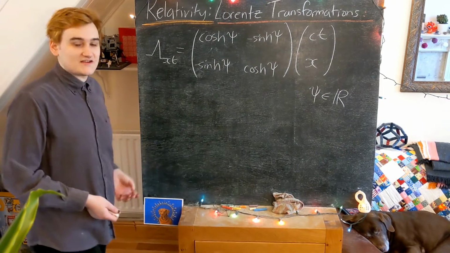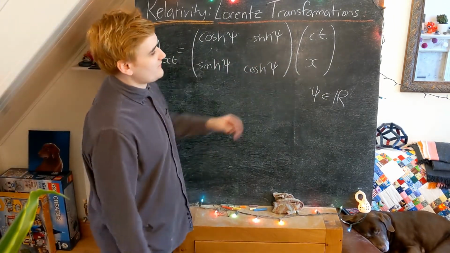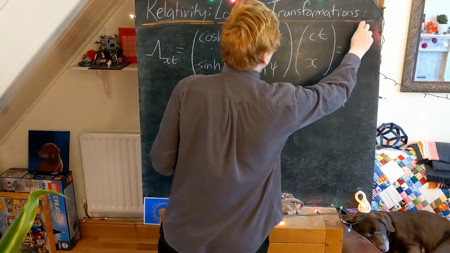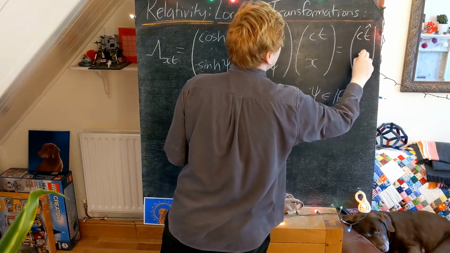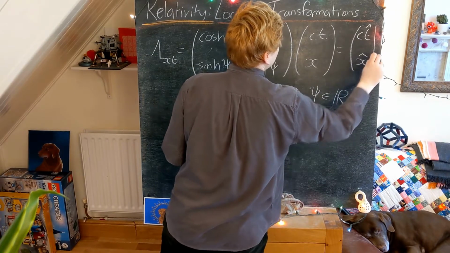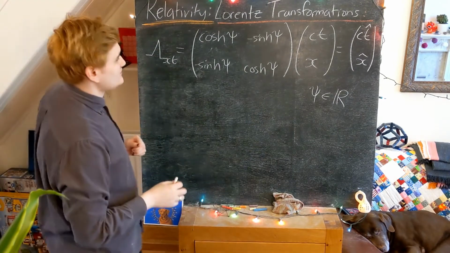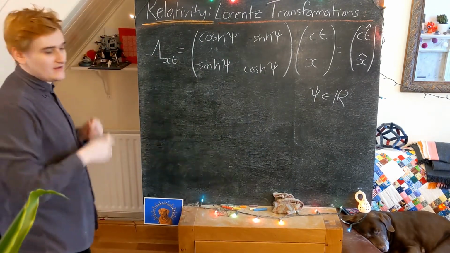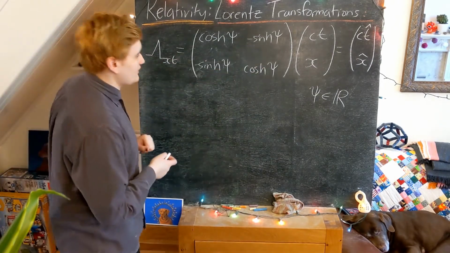And so what's actually going to happen when we perform this transformation? Well, we're going to arrive at some new set of coordinates. Let's call them ct hat and x hat. These are going to be our boosted coordinates. Now let's see what these new coordinates look like.